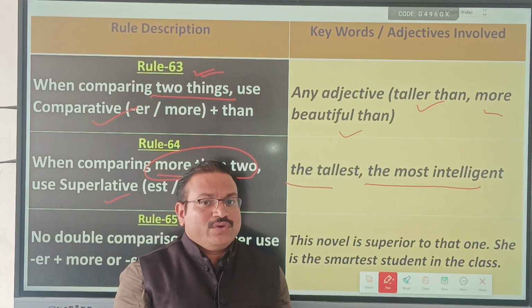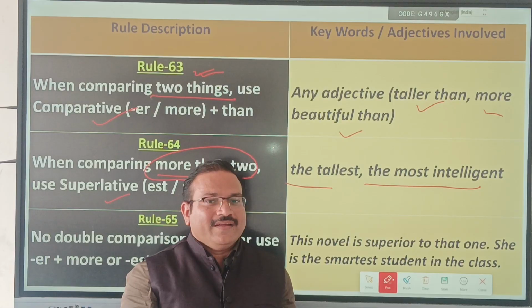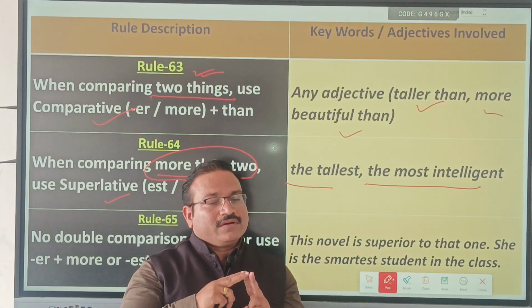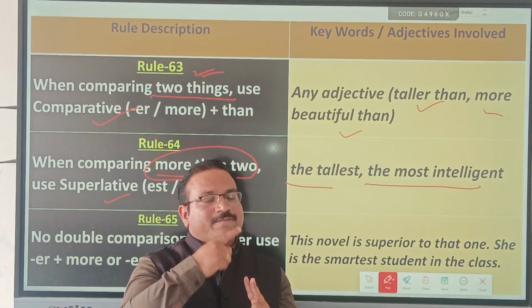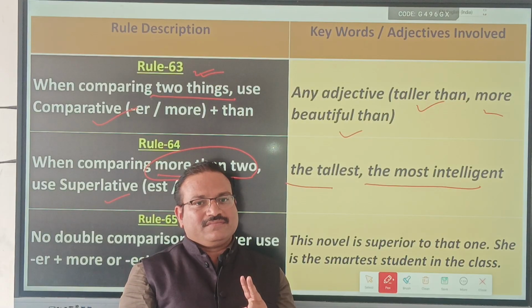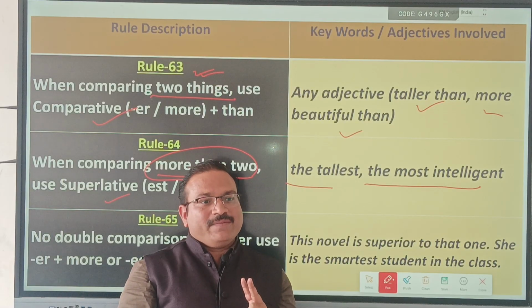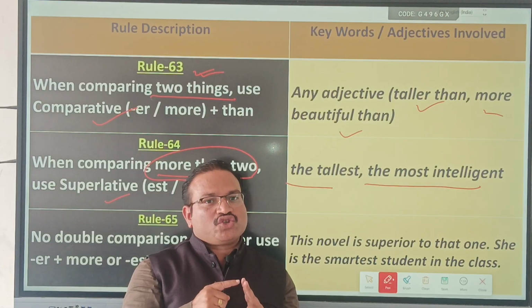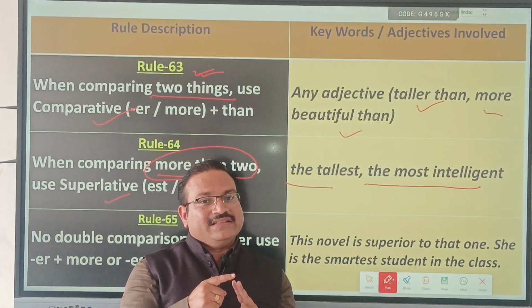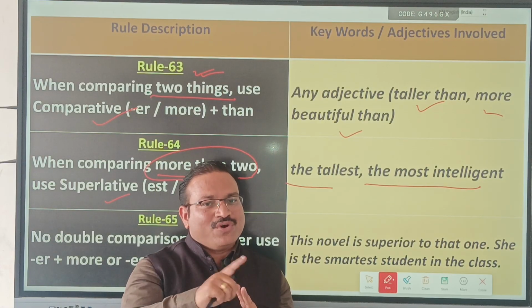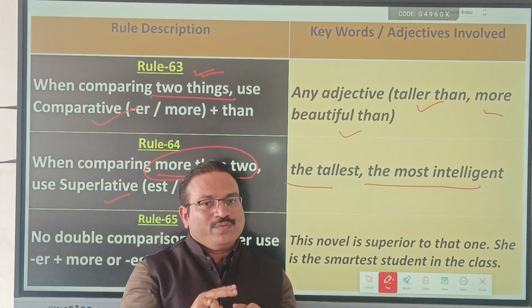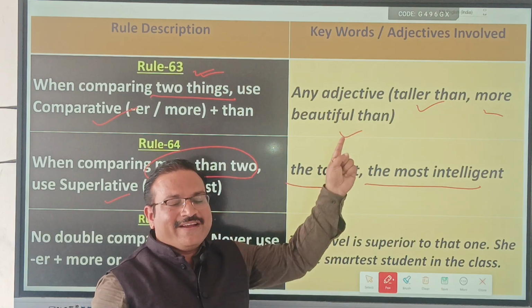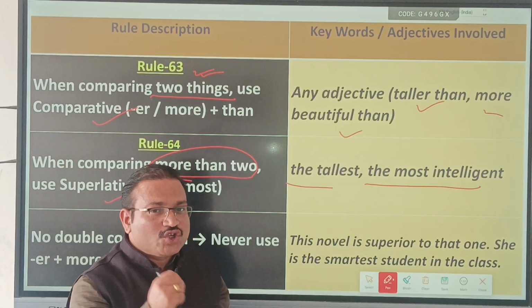For example, they will compare two persons and use the superlative degree. Wrong. It cannot be: Ram is the strongest than Sham. Wrong. For comparing two, we shall use the comparative degree, and for more than two, we shall use the superlative degree.